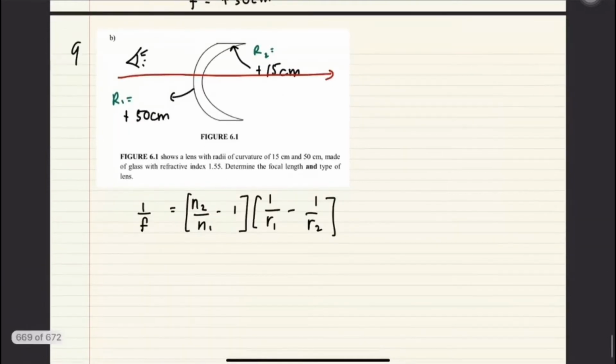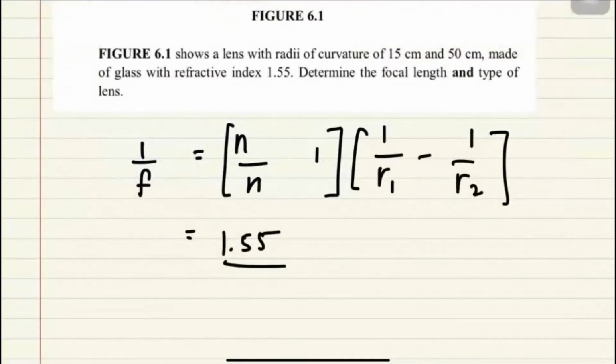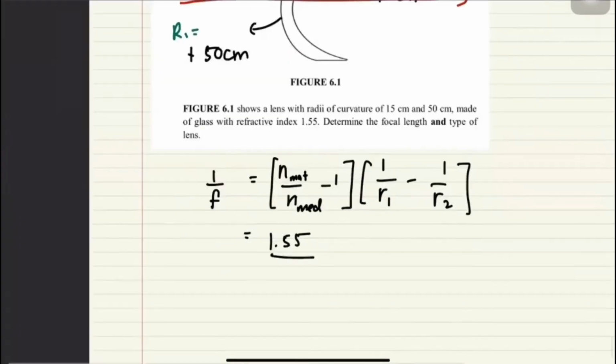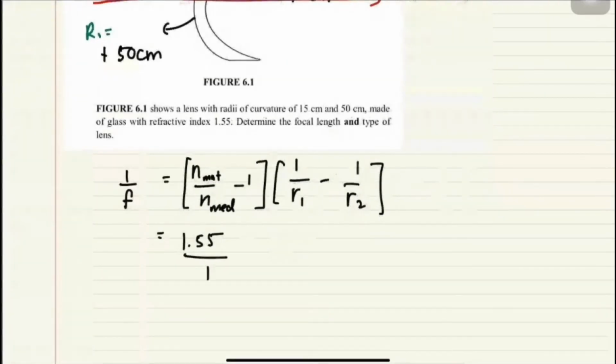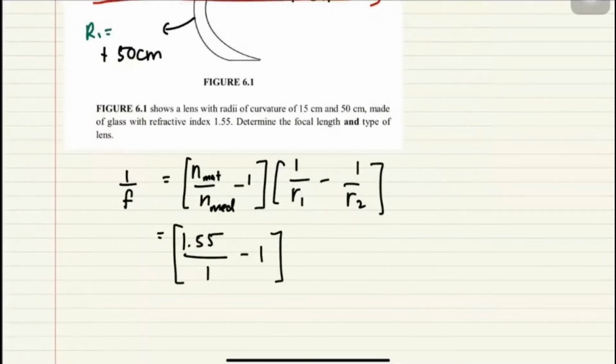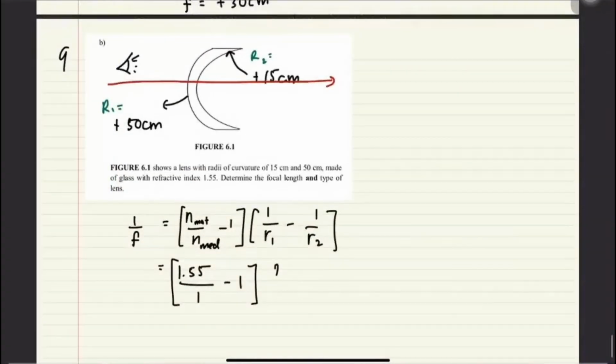Okay, so dia cakap dia letak dalam lampu tak tadi kan. So we assume dia dekat air lah. So the medium for the glass is 1.55. Bukan N2 over N1, dia adalah N material over N medium. Tak muat nanti kamu pilih betul-betul lah. So material ada 1.55, medium dia adalah 1, minus 1. 1 over 50, masukkan je nilainya.